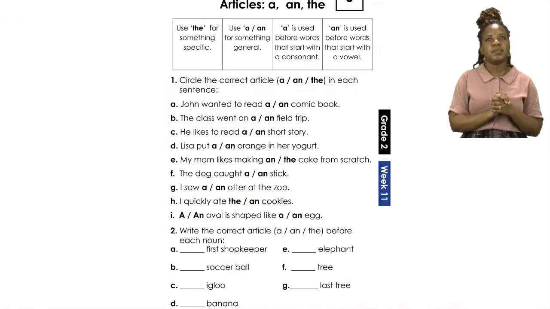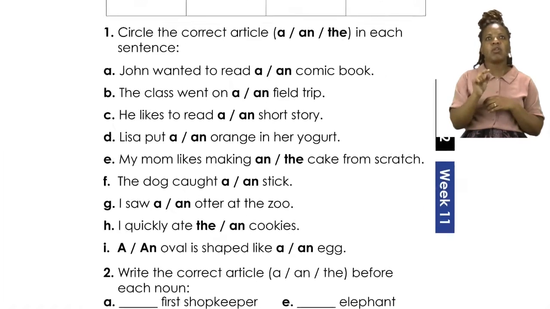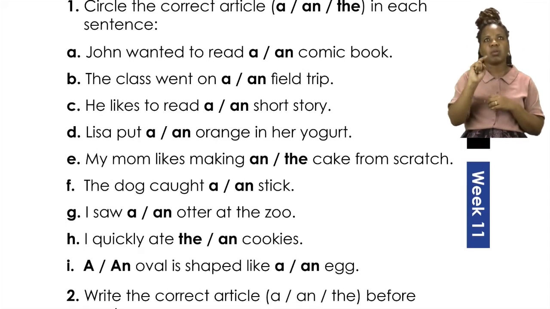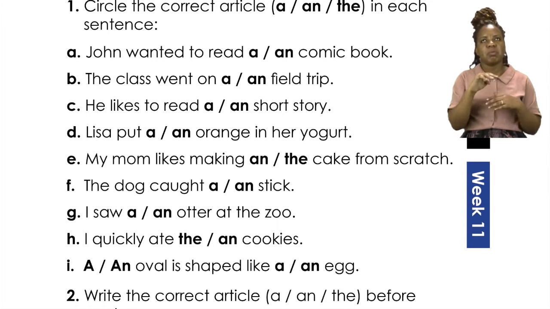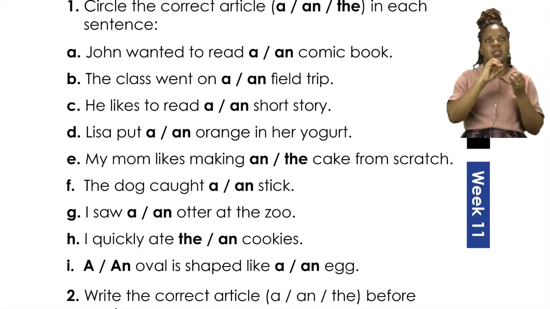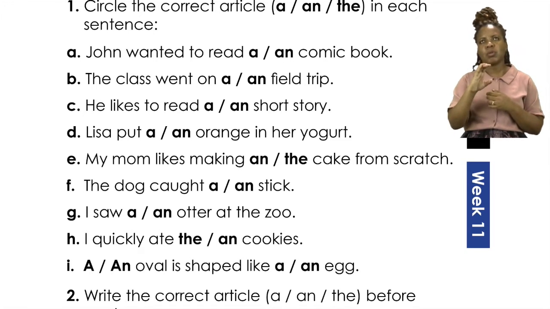Let's take a look at number 1. Number 1 is telling us to circle the correct article, either a, an, or the in each sentence. Let's do A. A says, John wanted to read dash comic book. Now we have a and an.